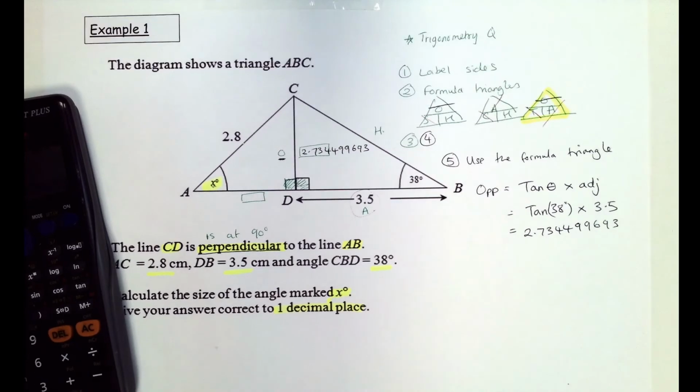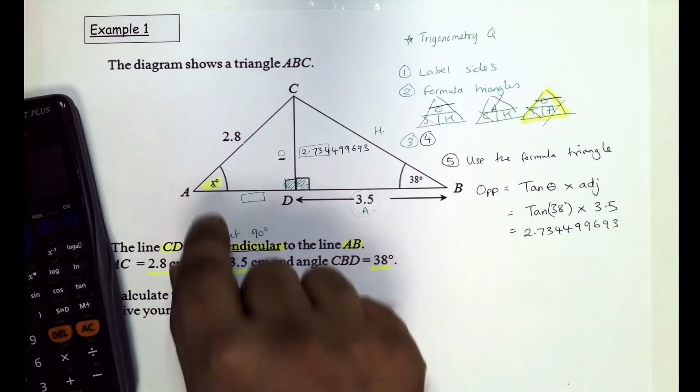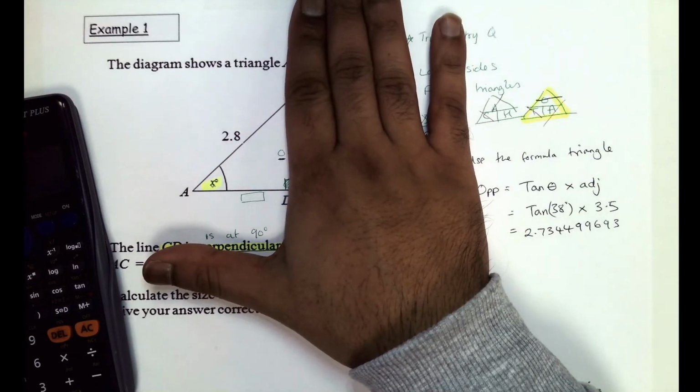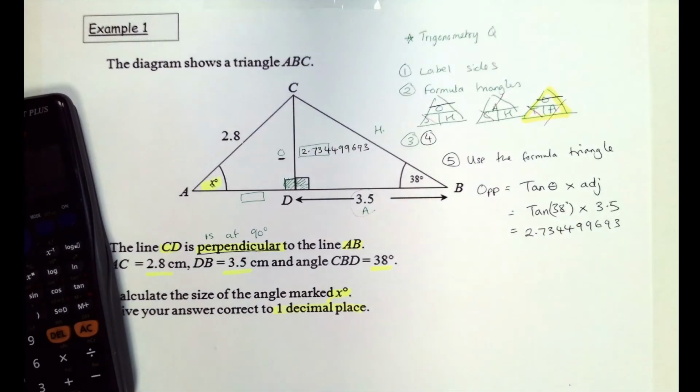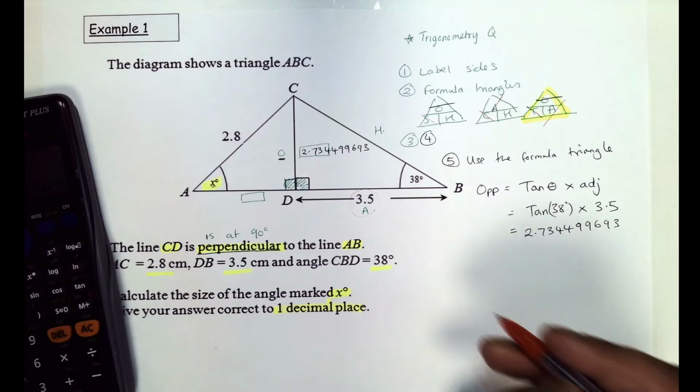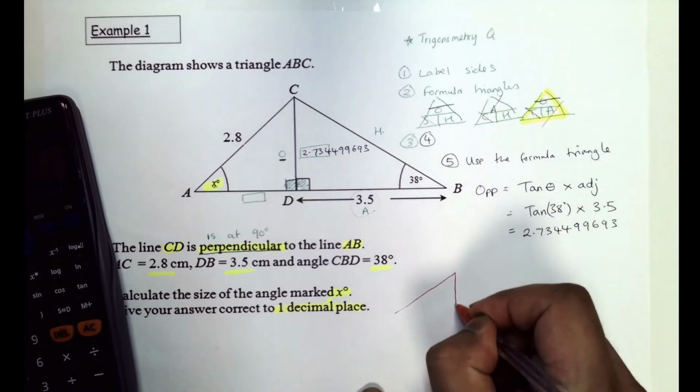Okay, great. Now we have enough information to get to angle X. So imagine that's my triangle there. I've just worked out that side. If it makes it easier for you, you can draw yourself another little diagram.